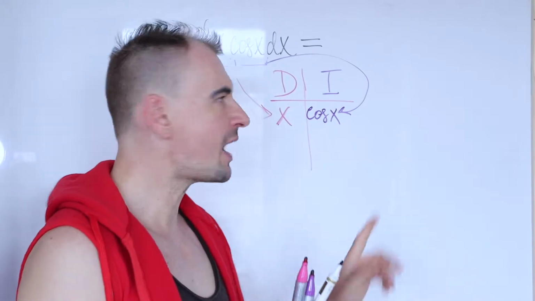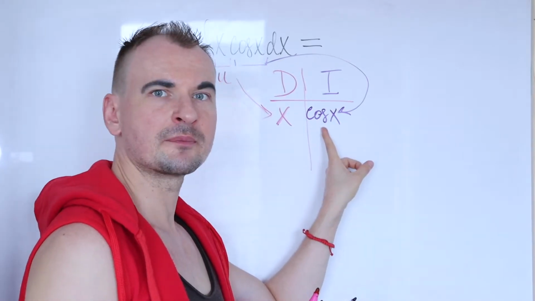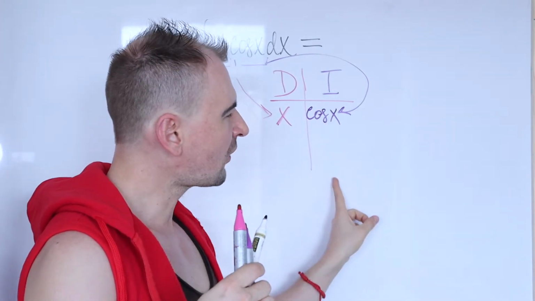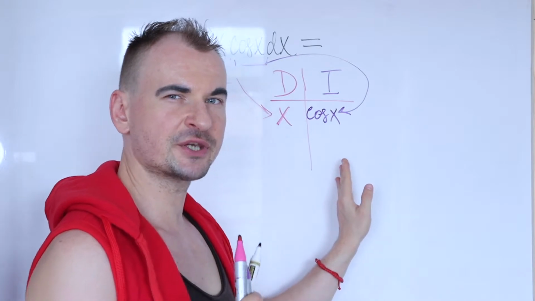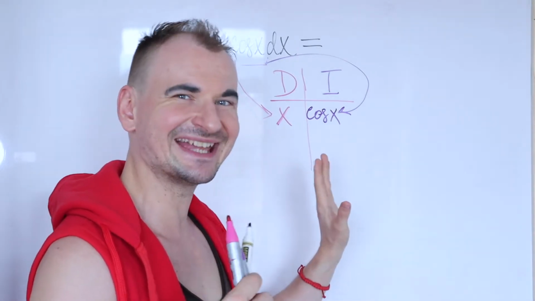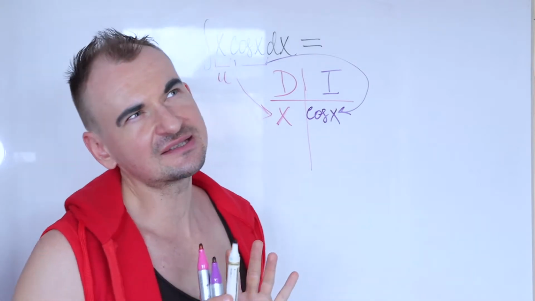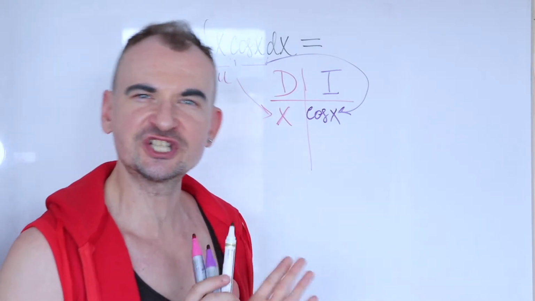And just keep in mind that this term we're going to integrate, so we also want to make sure that we will be able to integrate it. So again, it's kind of a tricky part.